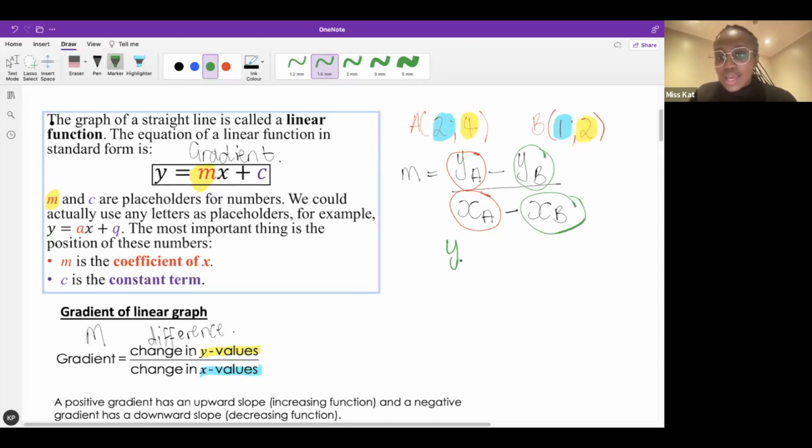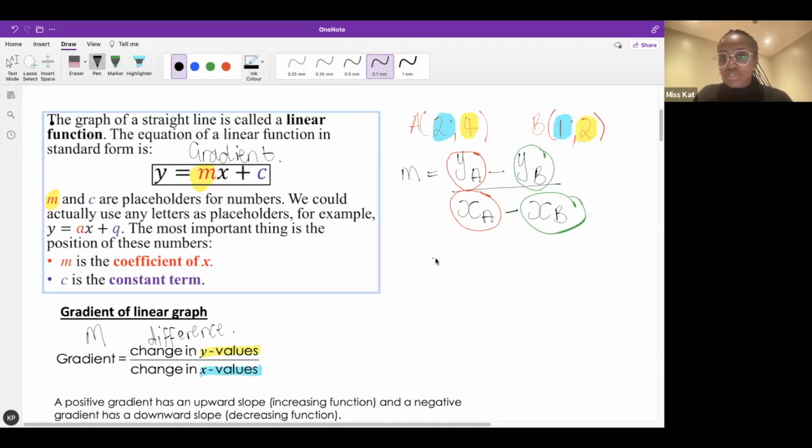So you can't say y of A minus y of B over x of B minus x of A, because that would be incorrect. You need to commit to an order. So if you're going to start with the coordinates of A, then start with A on both of them. And if you're going to end off with the coordinates of B, then end off with them on both of them. Okay, now tell me, let's substitute.